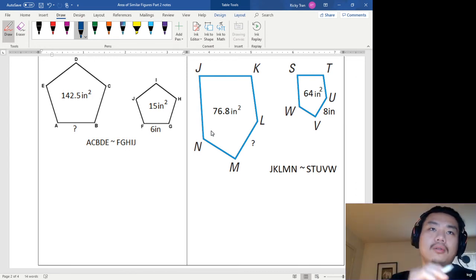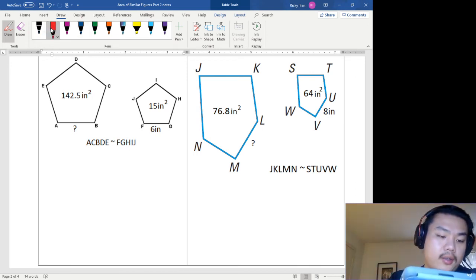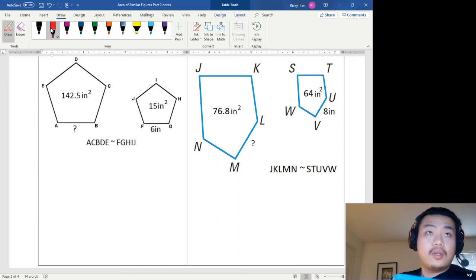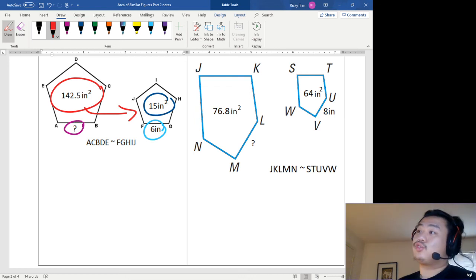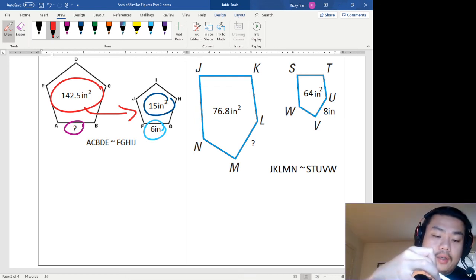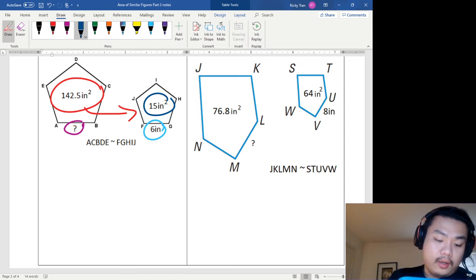All right, going on to the next, we have area, side, area, side. We're going this time from big to small. So from big to small, scale factor is going to be less than 1. Again, we have 15 over 142.5.